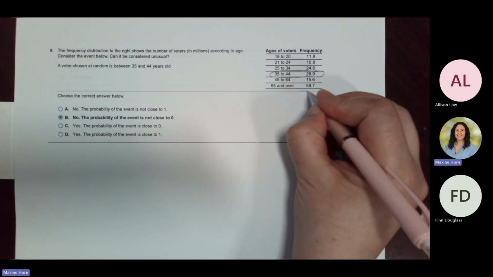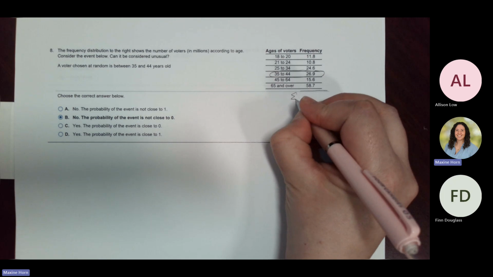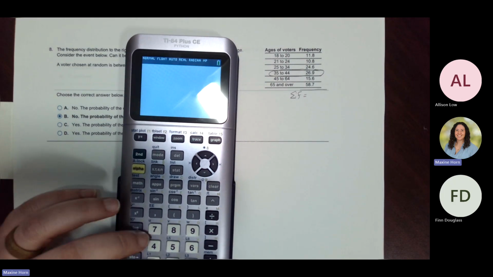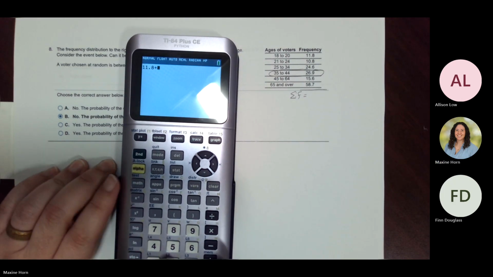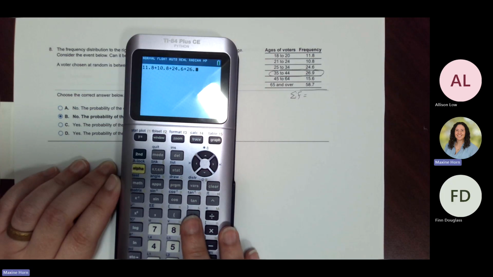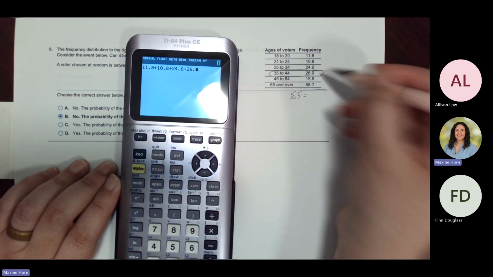So we're going to have to first calculate the probability before we can determine if that probability is unusual or not. Okay, so just like we did before, we're going to say, what's the sum of the frequencies? So we're going to add all of these together, right? Oh, hold on, 24.6, yeah, 26.9.